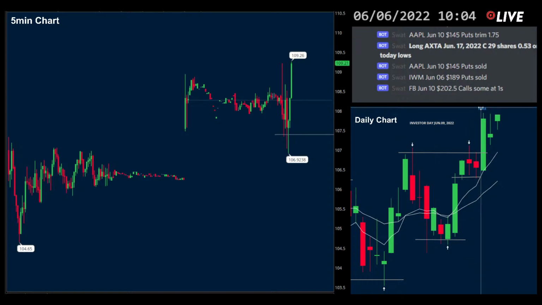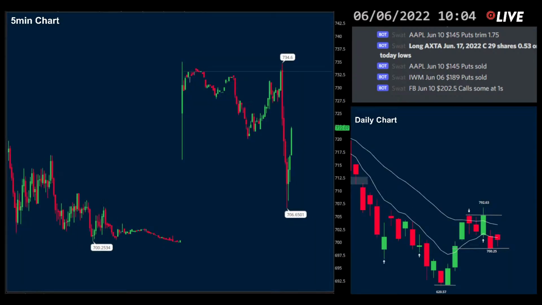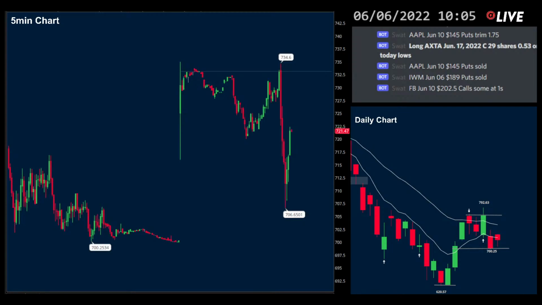New highs on the day, AMD now going. Tesla also bouncing. Now some bull flow, call 750 on Tesla.